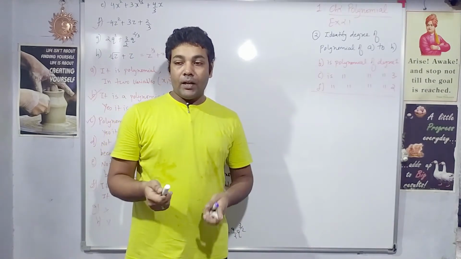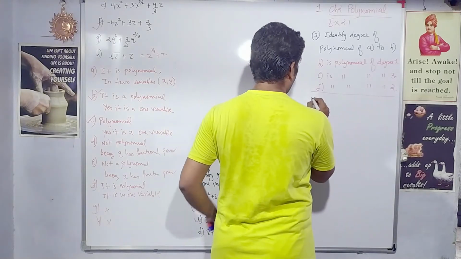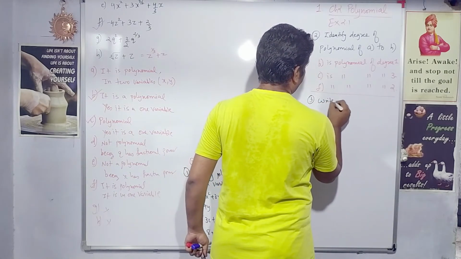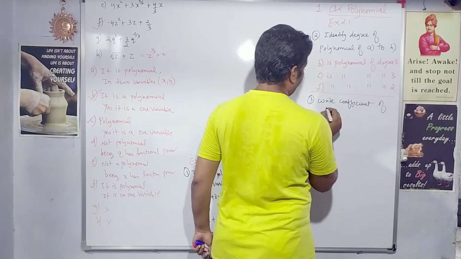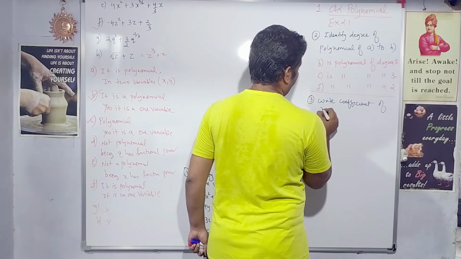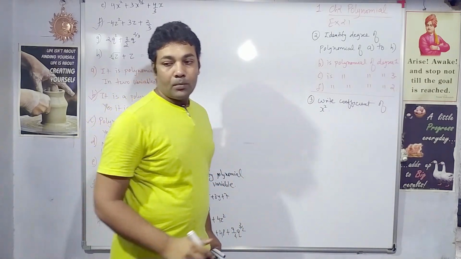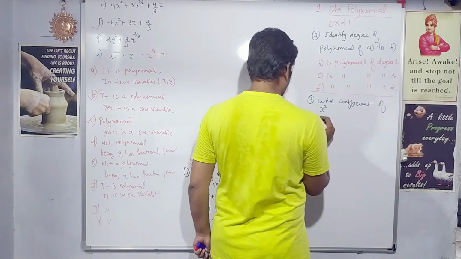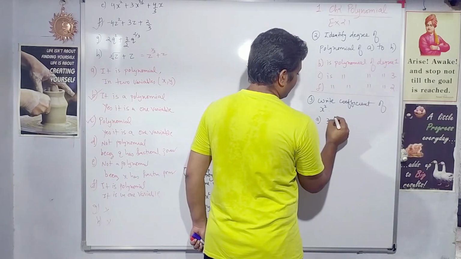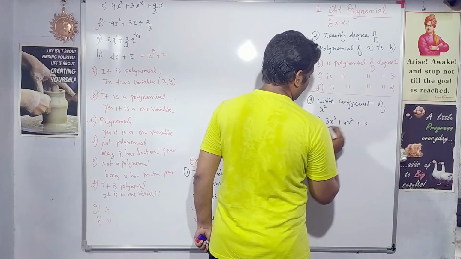Then next question we have: write the coefficient of x square. I'll specify the options, right? The first one, A, I have is 3x cube plus 4x square plus 3.